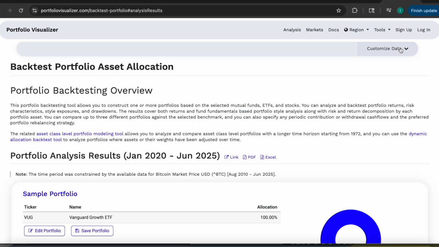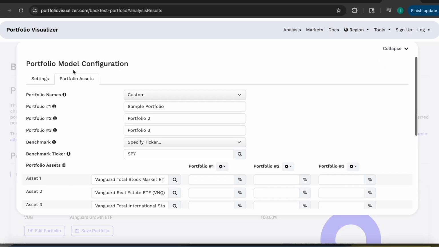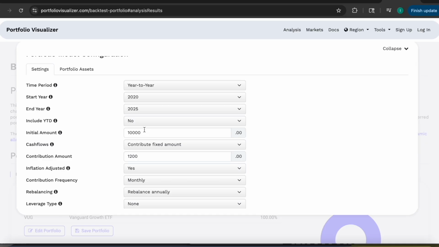We did something similar prior, and when you populate it together, you start with $10,000 at the beginning of 2020, and you take it all the way up to 2025, and you're adding $1,200 a month.